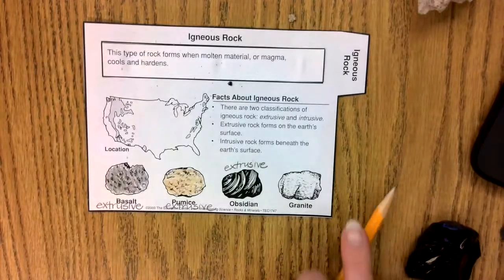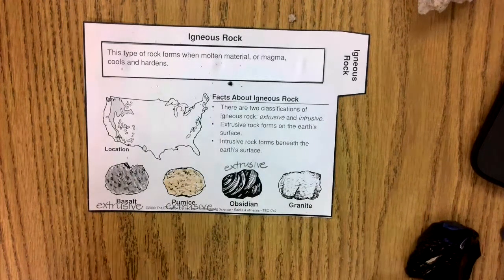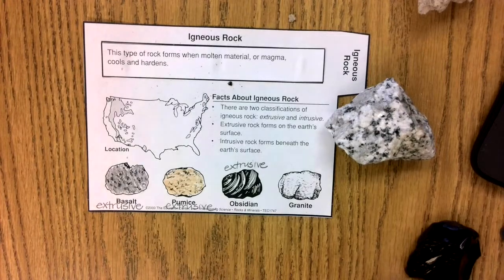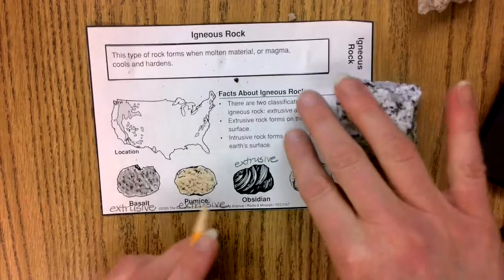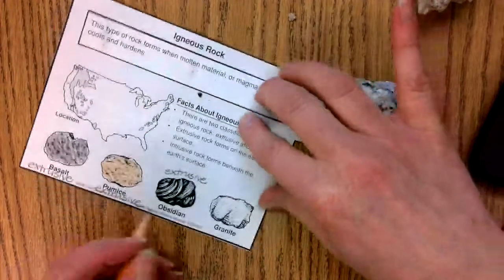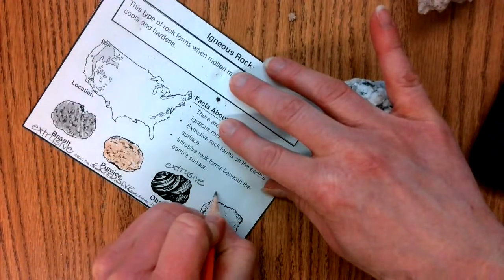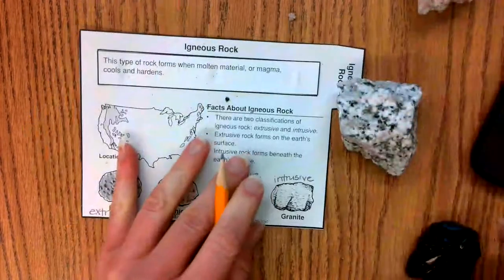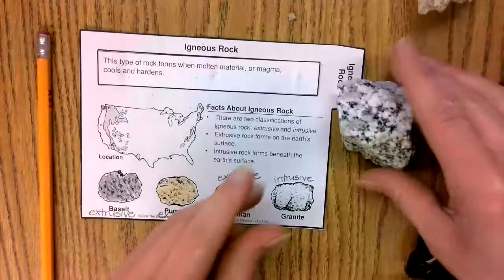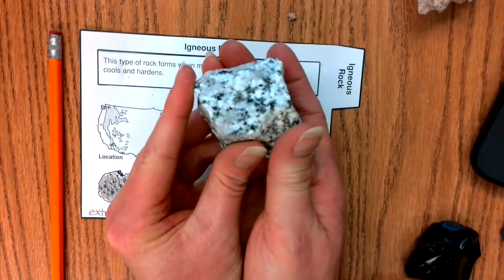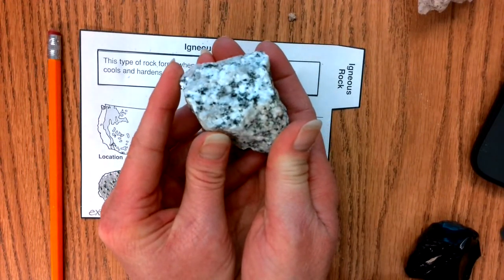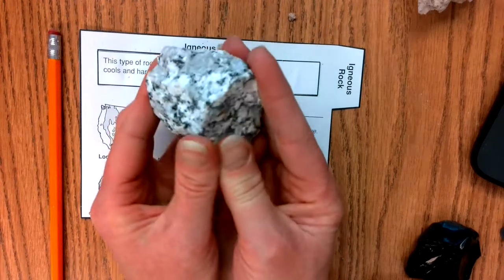So do you think granite is formed inside the earth or outside the earth on the earth's surface? And actually granite is the only rock of these four that is intrusive. It is formed from melted magma that cooled really slowly over time.